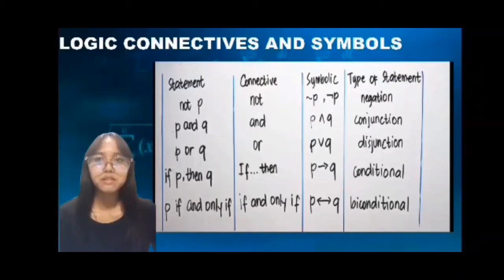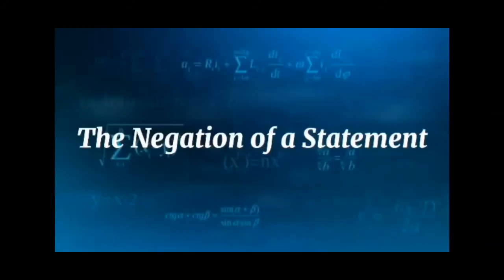If the statement is P, if and only if Q, the connective is if and only if. The symbolic is P, if and only if Q. The type of statement is biconditional. This table is called logic, connectives, and symbols.